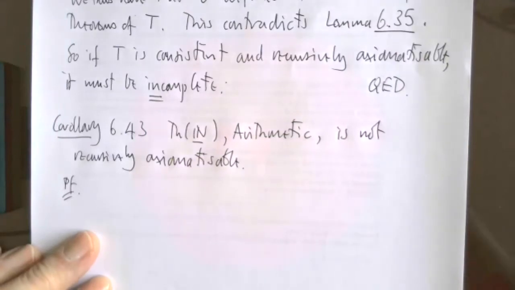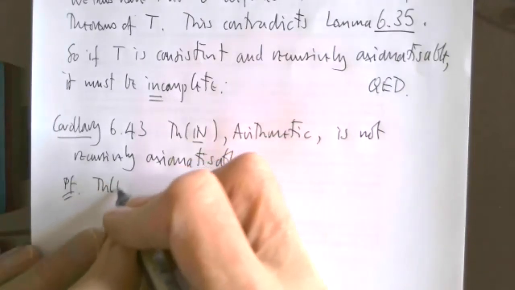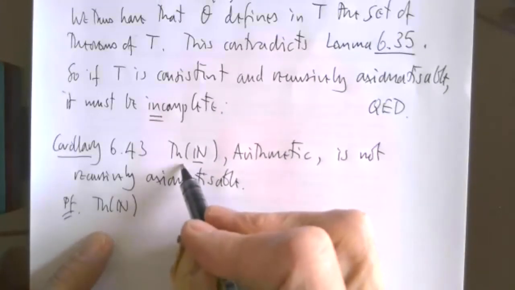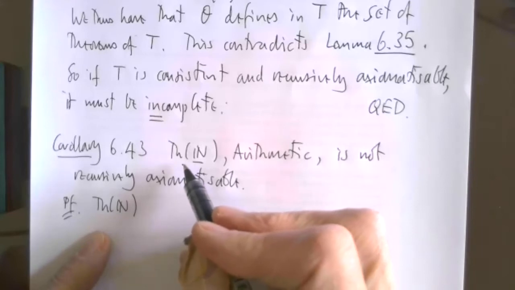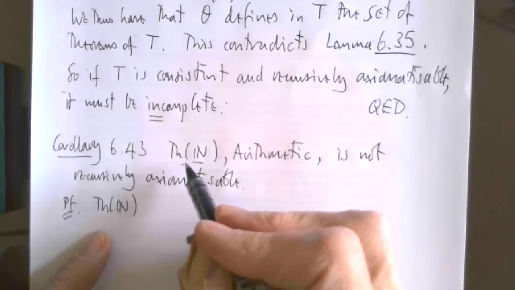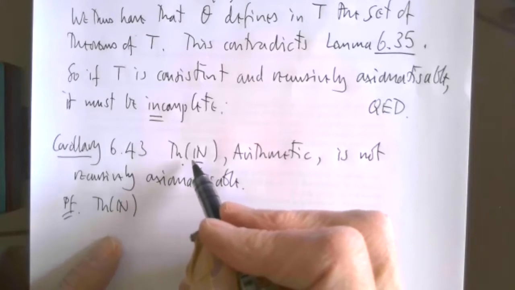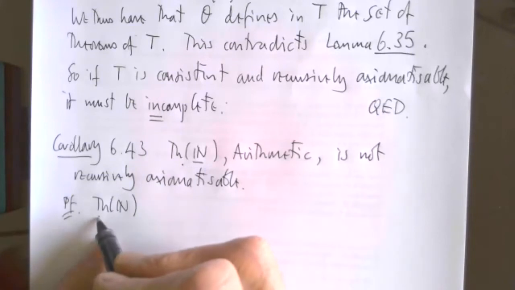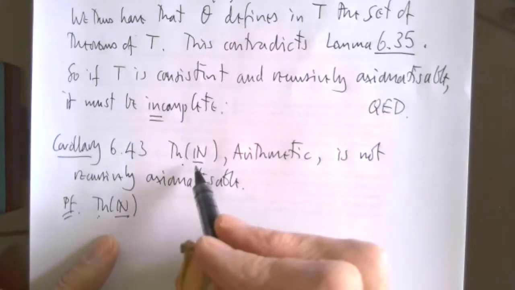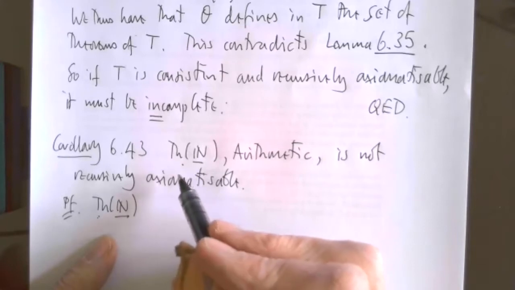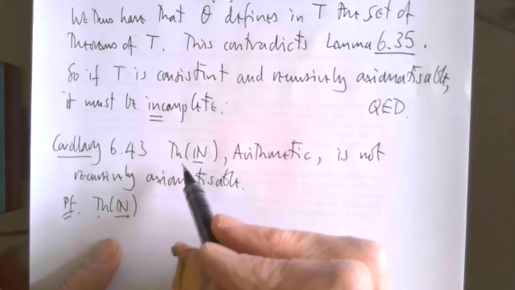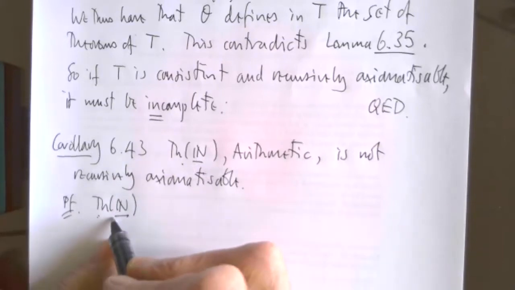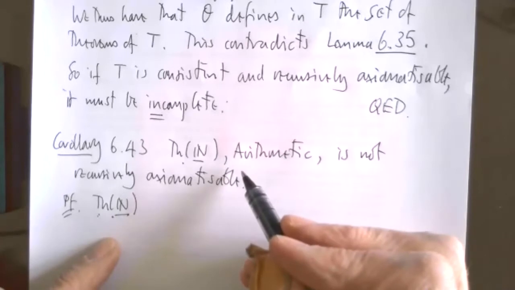And the proof of this here is: being the set of things true in a structure means, first of all, it's consistent. Nothing is true and false in a structure. It's also complete, because everything is either true or false in the structure. In other words, either sigma or not sigma is in here for every sigma in the language of arithmetic.